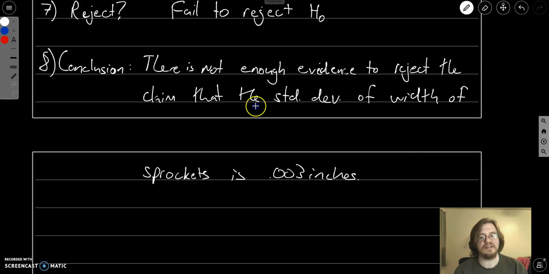And realistically, what this would mean is if we can't reject this claim, that supports the claim that 0.003 inches is the actual standard deviation.